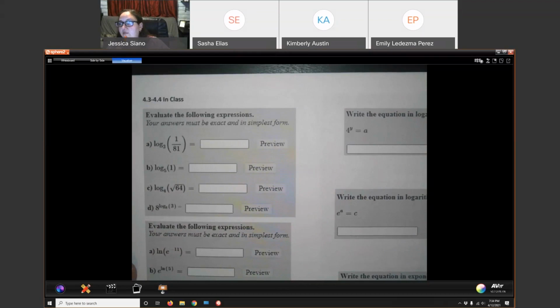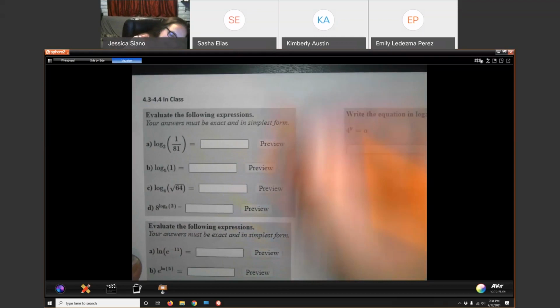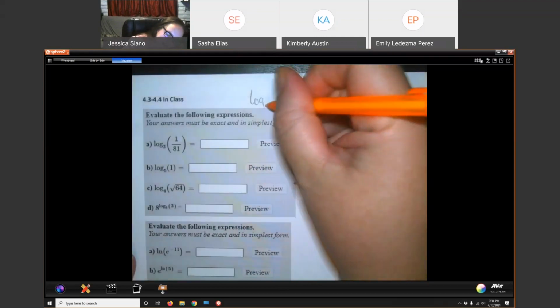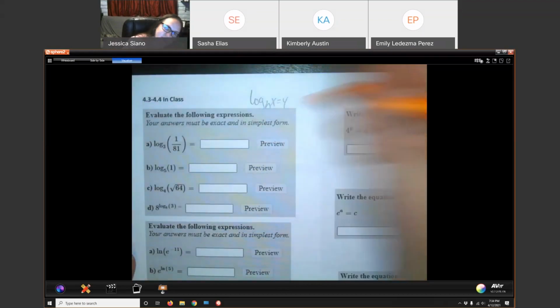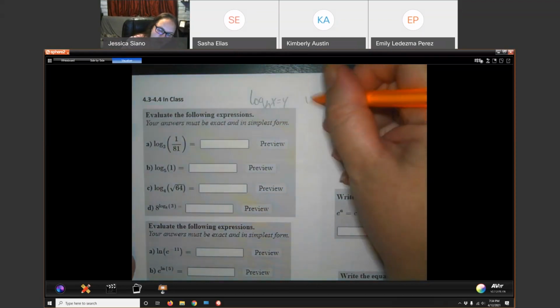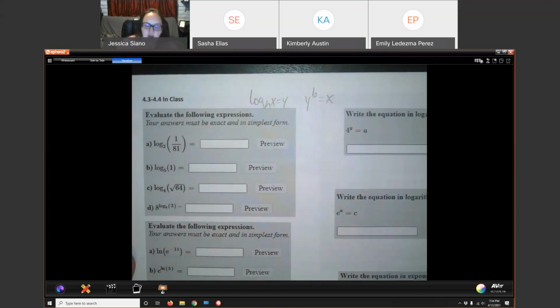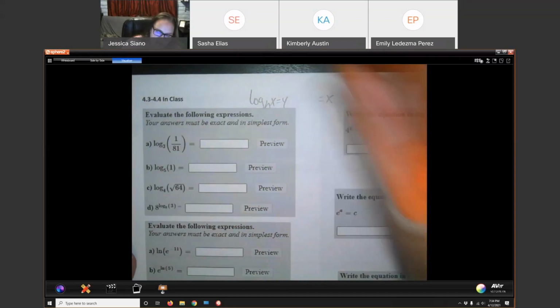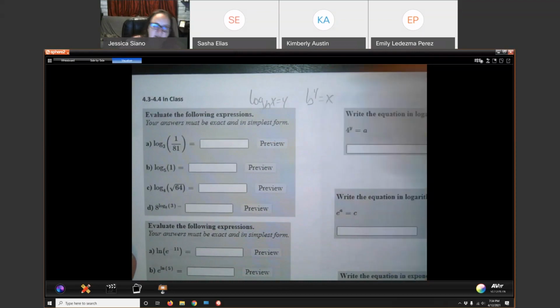Logarithms are the inverses of exponentials. So if we have a log with base b of x equals y, that would be the exact same as saying b to the y equals x.